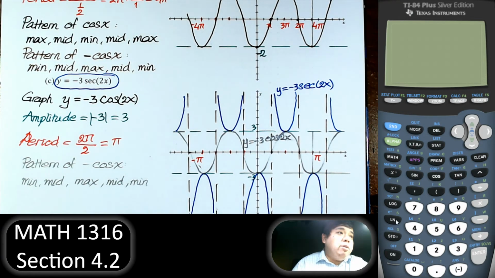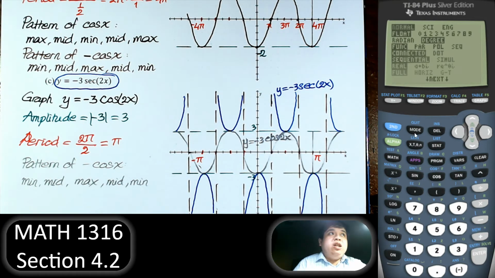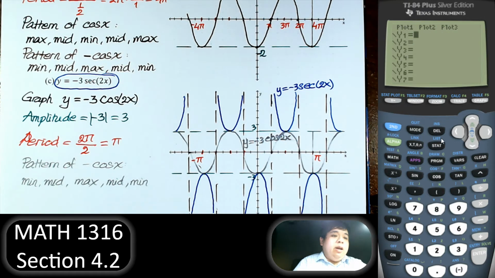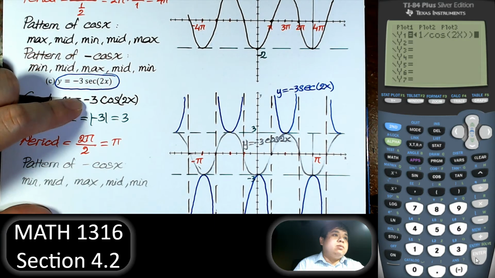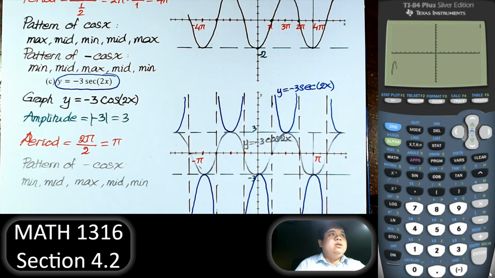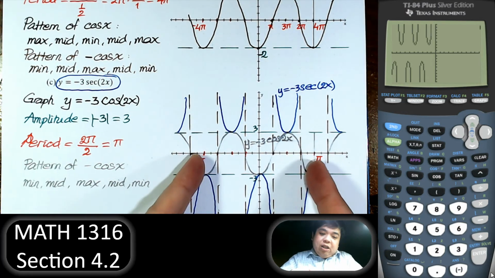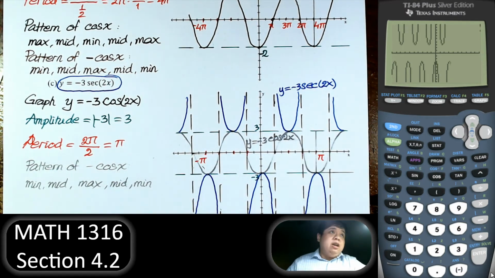Right. Of course, if we want to check using the calculator, make sure it is in radian mode. I'm going to put negative 3. We cannot do secant directly, but we can do 1 divided by cosine of 2x. Right, so we have that. Now this is here from negative pi to pi.